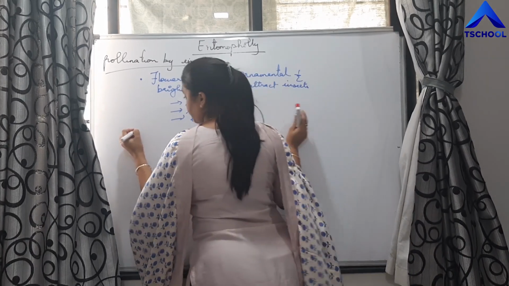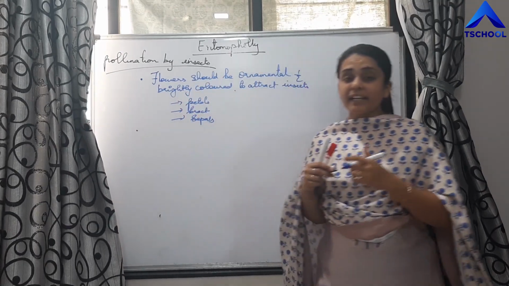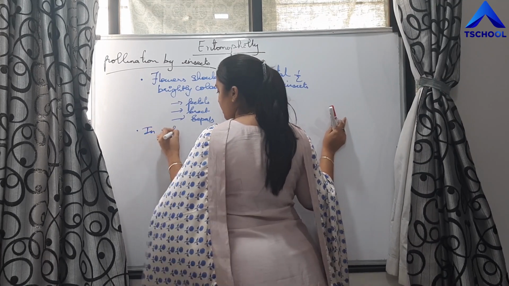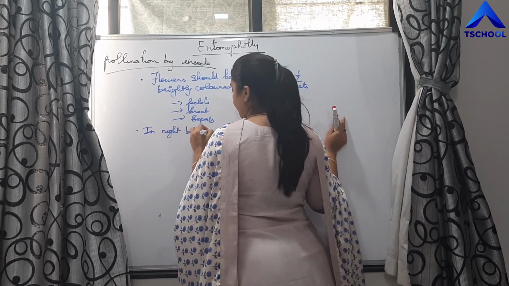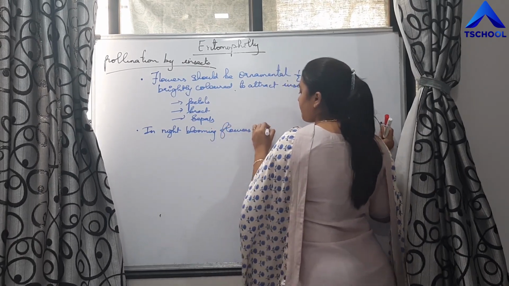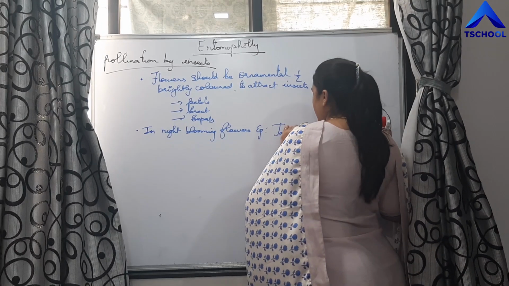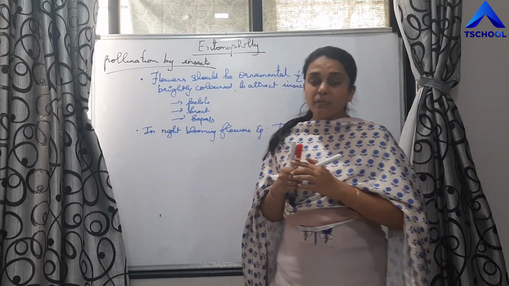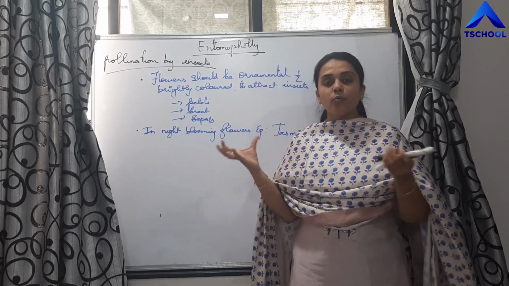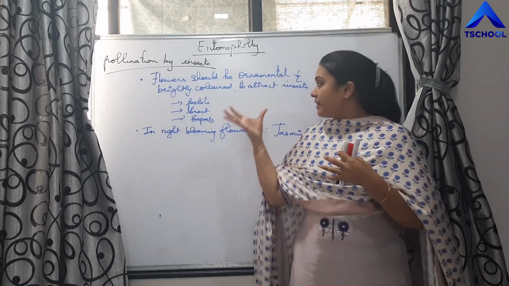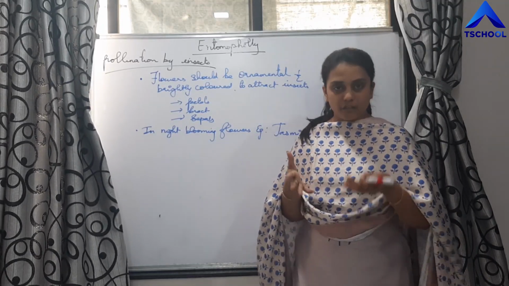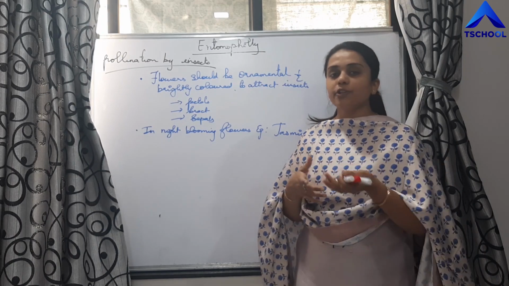Right? Then second thing, right? In case of night blooming flowers, say for example, jasmine. Jasmine is a night blooming flower. So at night, if the jasmine flower wants to attract the insects, then its property should not be showy or ornamental or brightly colored, because at night obviously the insects are not going to have that vision.